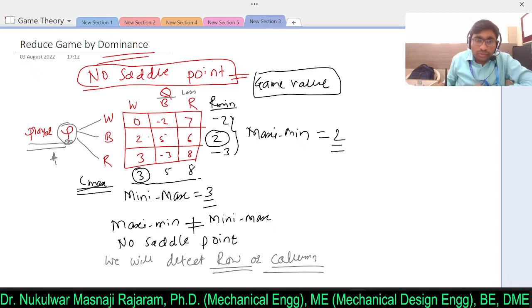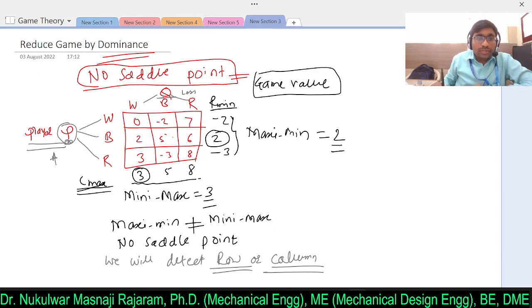Q again has three different strategies, W, B and R. Maximum values mean loss for Q, and a negative value means a profit for player Q.